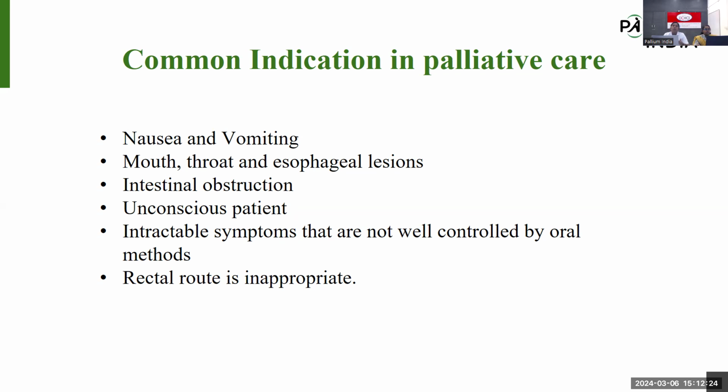And if the rectal route is inappropriate, we know most of our palliative patients are on opioids, mainly morphine. If the patient is in home care and develops severe vomiting, they can't take the morphine orally. If the patient is in a home care setting and this patient contacts you, what will be your advice?